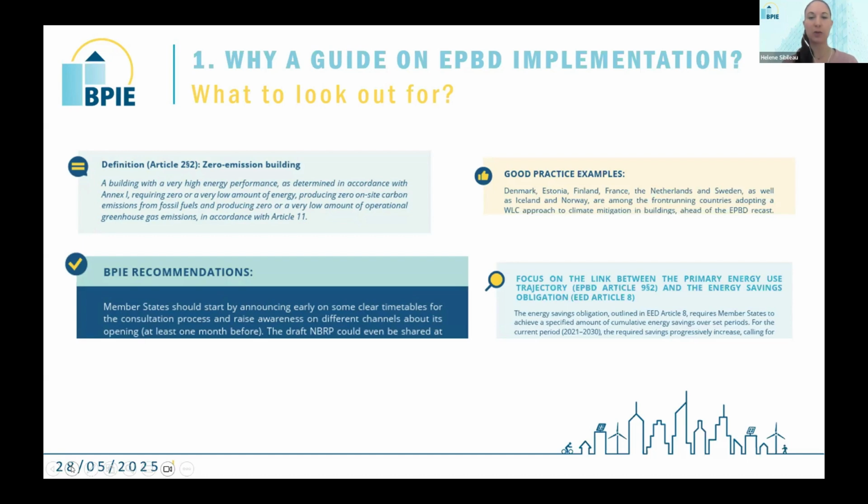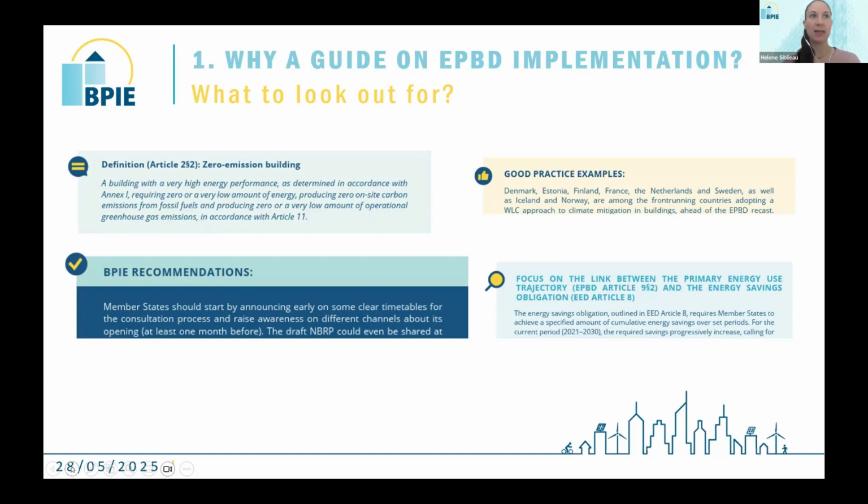So we have gathered around 60 good practice examples from projects, from countries, from regions all across Europe. And then finally, focus boxes that look at the interactions between the EPBD and other files of the Fit for 55 package, notably the Energy Efficiency Directive.